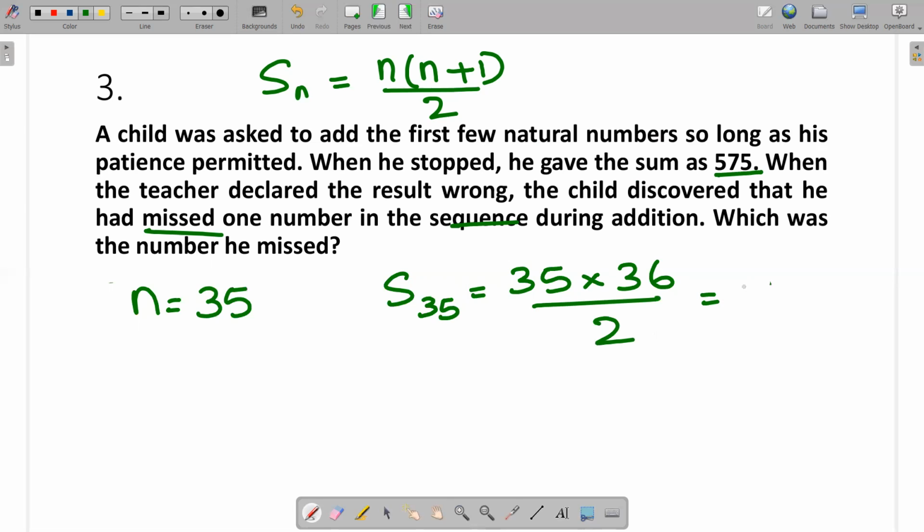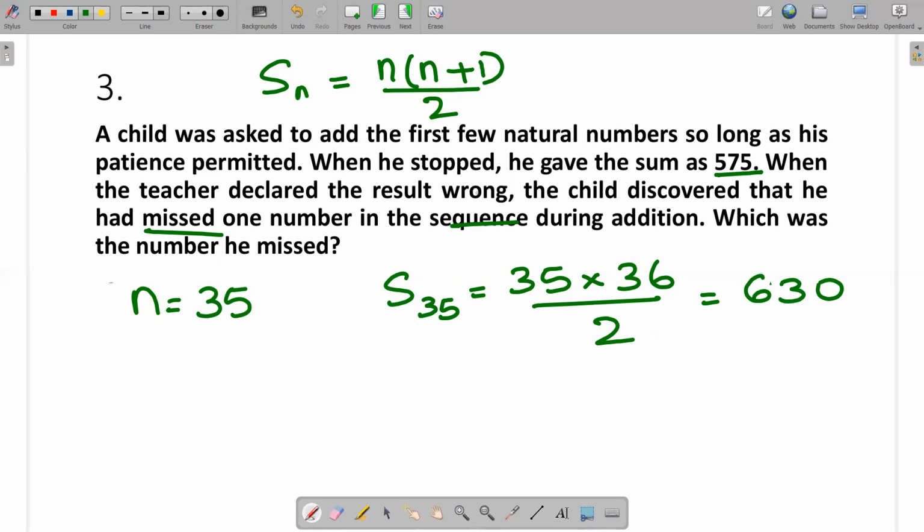In this case, the sum of first 35 natural numbers, 35 into 36 by 2, will come to 630. Now, this would have been the sum that the child should have ideally got.